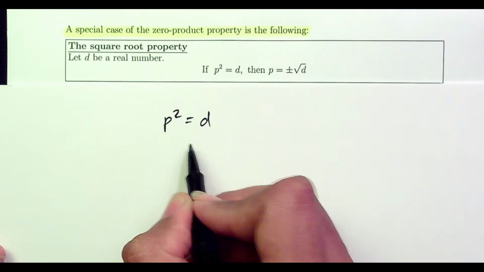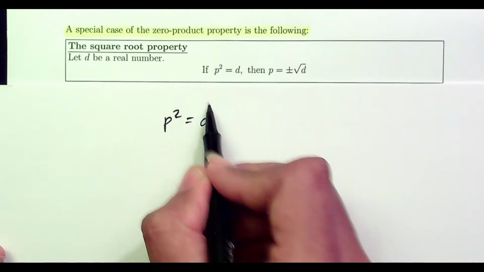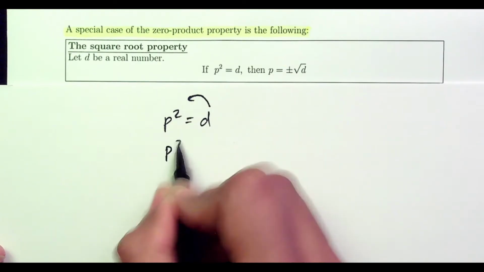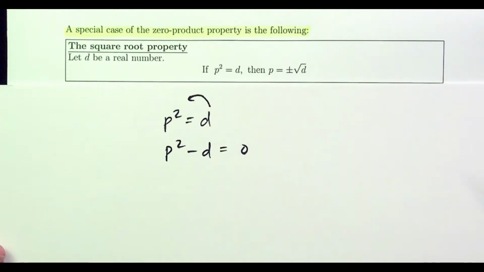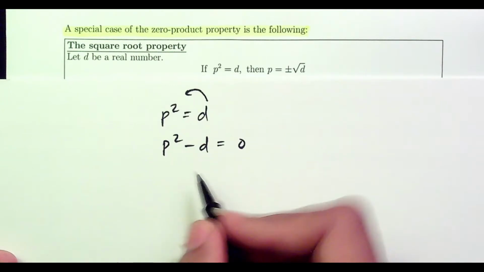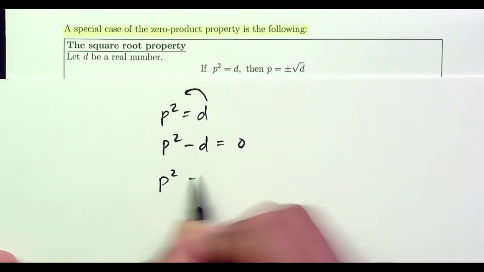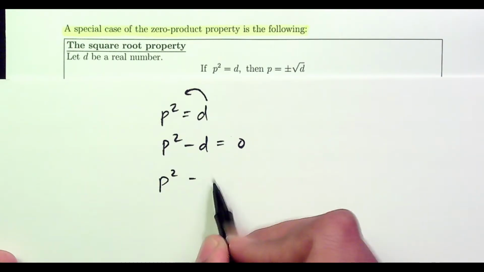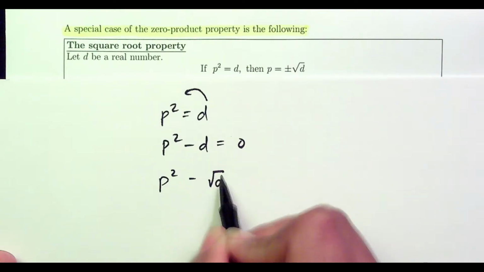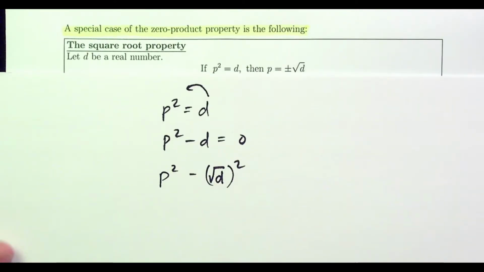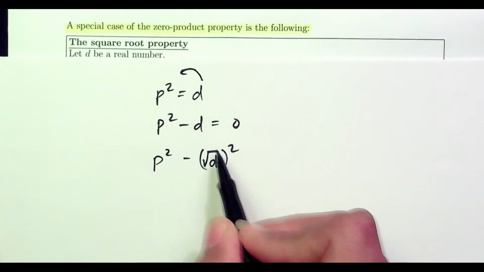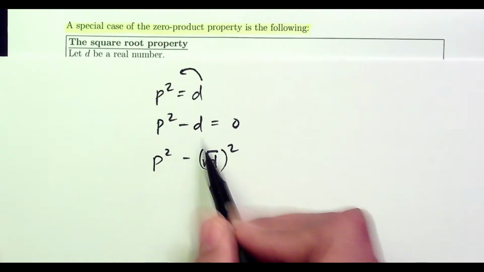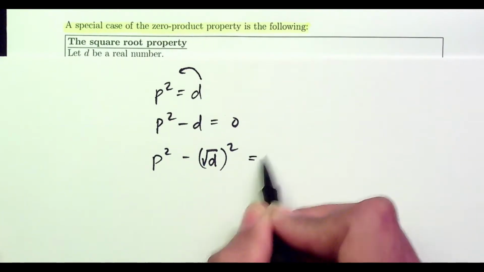Then you can move the d to the left-hand side, and you're going to get p squared minus d equals 0. But d is actually the same thing as the square root of d, squared, because the square root and the square cancel each other off to give you back d. So these two things are actually the same.